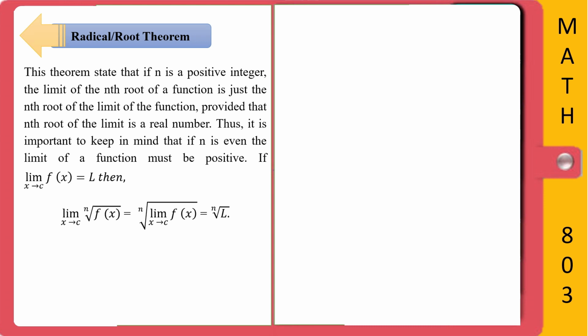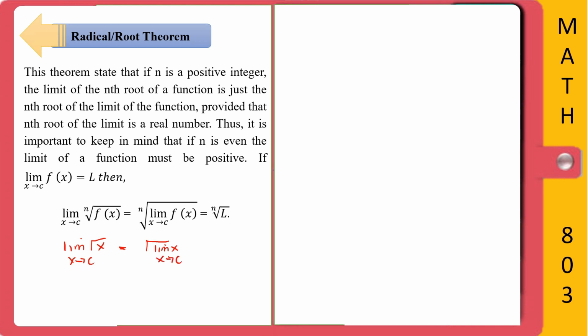If the limit of f of x as x approaches c is equal to L, then this will be the outcome. To understand more, let's make it easy. The limit of the square root of x as x approaches c is equal to the square root of the limit of x as x approaches c.